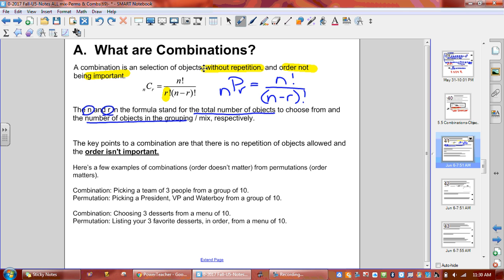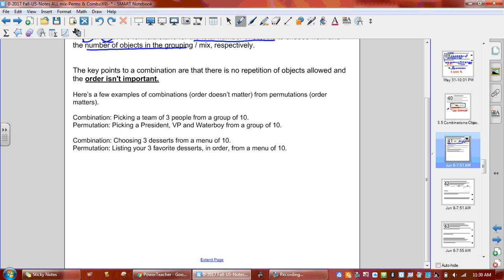Again, here's a couple examples. If it says picking a team of 3 people from a group of 10, there's nothing specific there talking about a ranking. But if you take a look at the permutation, it says you're going to pick a president, a vice president, and a water boy from a group of 10. What is the difference between the first 2 examples there? Yes, a permutation is more specific, so it includes the ranking order. Again, it's order specific.